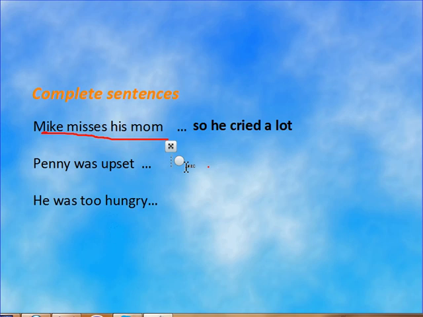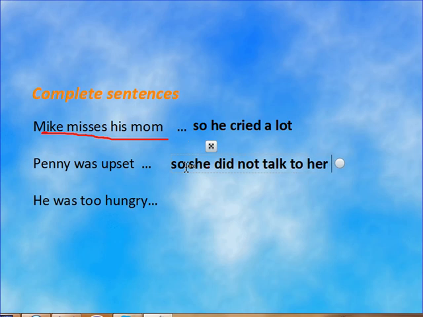We can write a sentence like this: so she did not talk to her friends. So not talking to her friends is result of being upset.